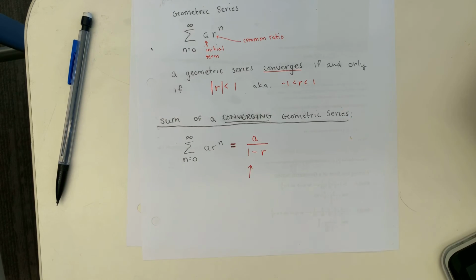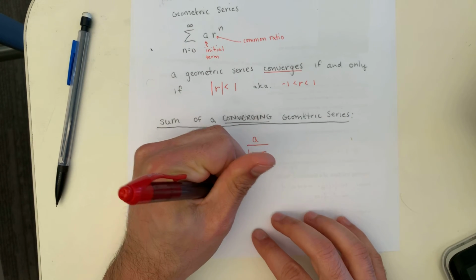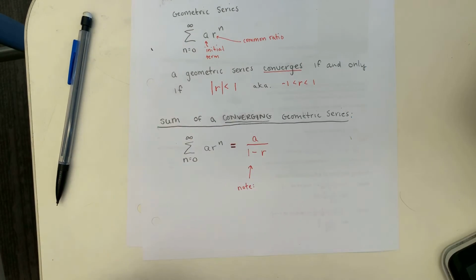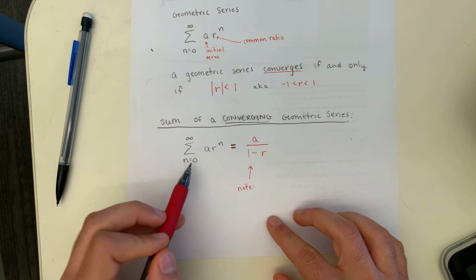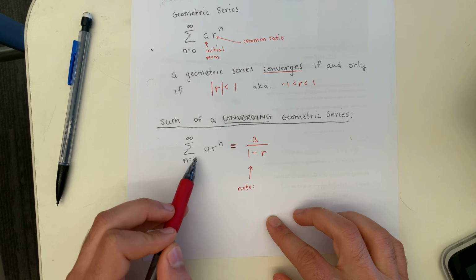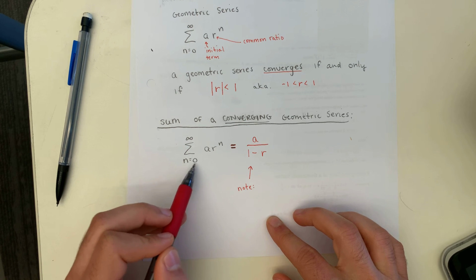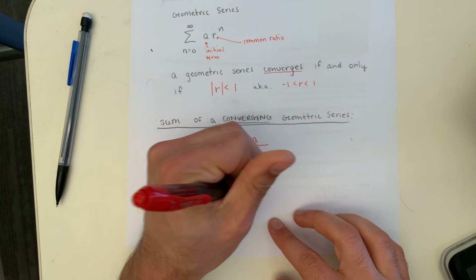I am going to just make a note here that this is the formula for when n starts at 0. So this is when n starts with n equals 0.